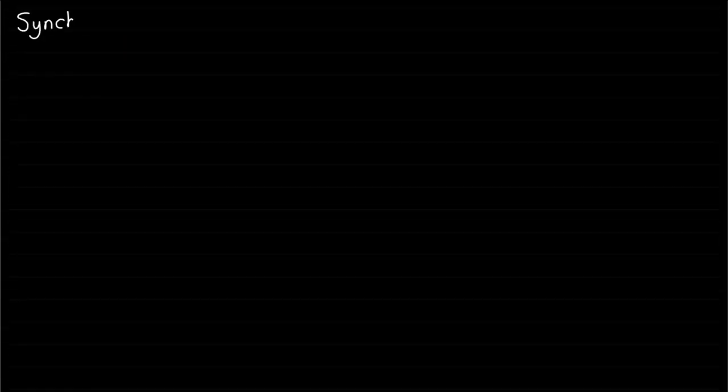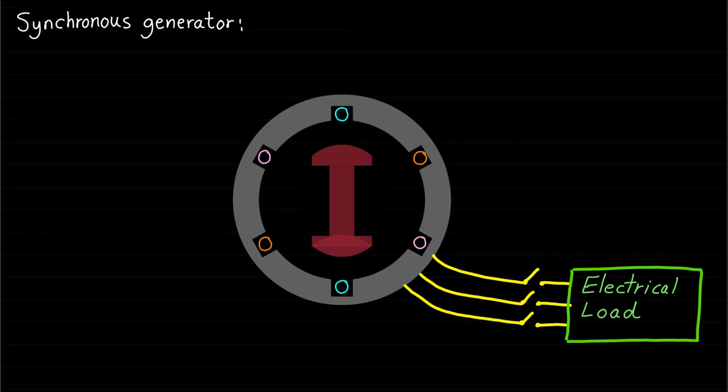Let's first discuss the synchronous generator case. This figure shows a two-pole three-phase synchronous generator. As mentioned before, when the rotor winding is excited by DC current, the rotor becomes an electromagnet with two poles. Now assume a mechanical torque Tm is applied by a turbine connected to the rotor shaft in this direction.